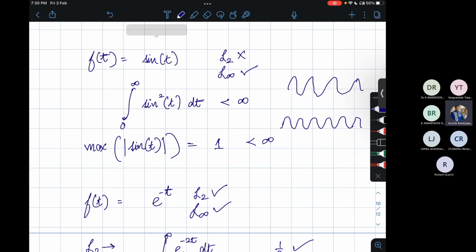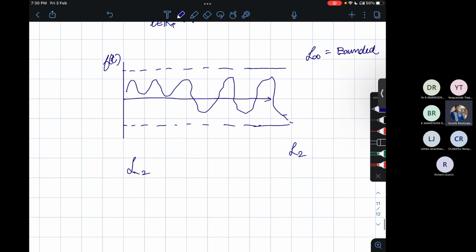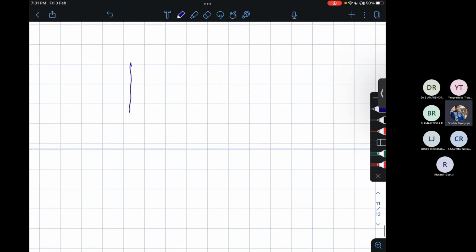So if there is infinite area under the square of this function, that implies that the function is not going to 0, because if a bounded function is going down to 0, the area under the curve would approach a finite value as t tends to infinity.